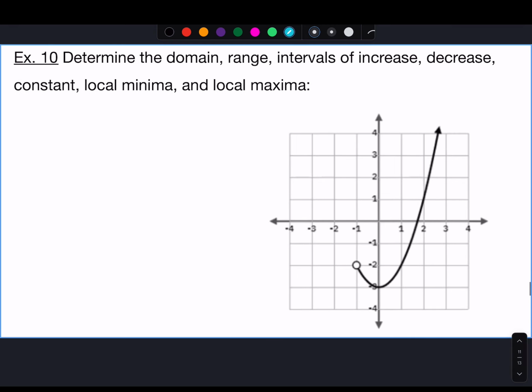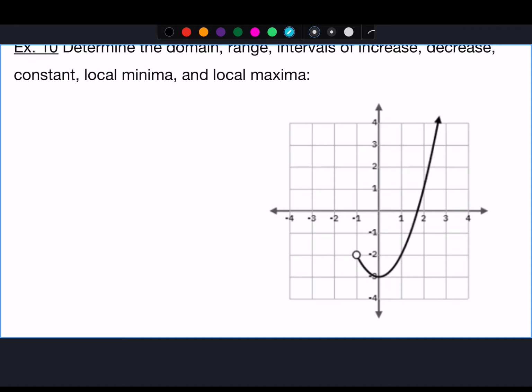All right, example 10. We're putting everything together now, like the whole lesson into one. We want to determine the domain, the range, intervals of increase, decrease, constant, local minima, and local maxima. Now, we're not guaranteed to have every one of these things, but we want to check for them. Okay?